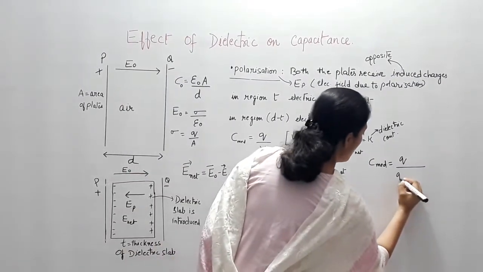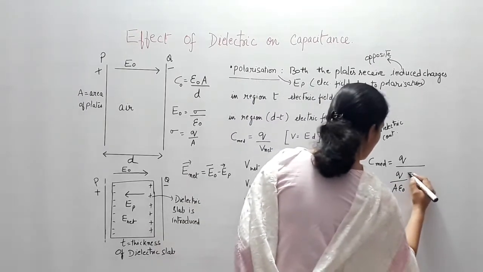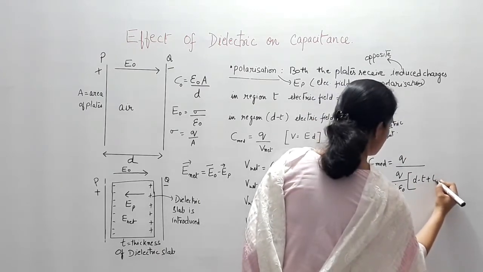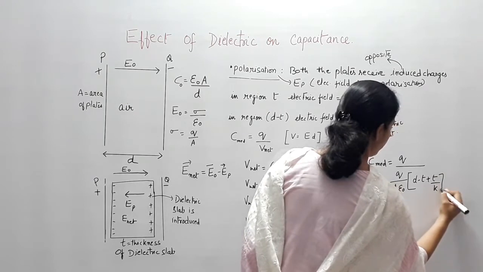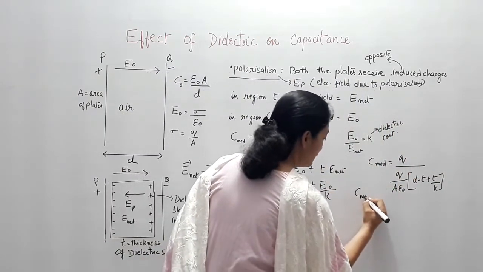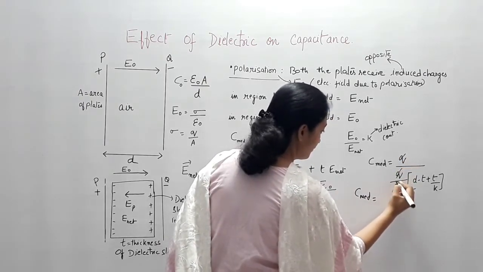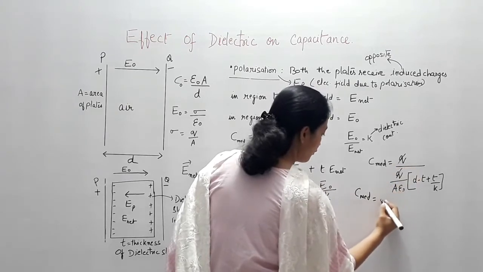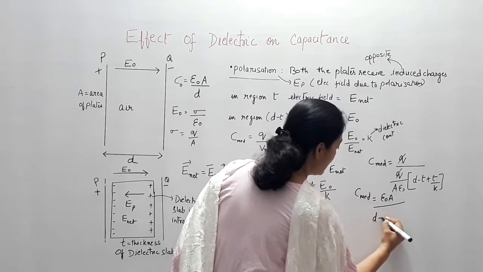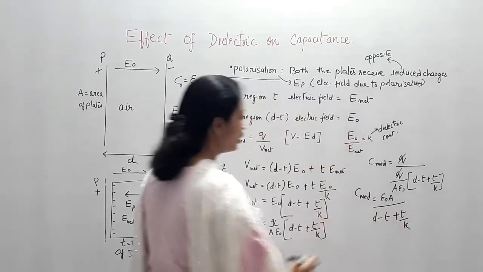It is Q upon A epsilon naught, D minus T plus T upon K. Very clearly you can see the next step, C medium becomes, Q gets cancelled, and what am I getting? Epsilon naught A in the numerator and D minus T plus T by K in the denominator.